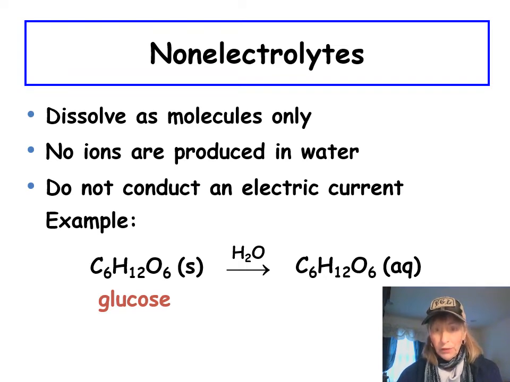We're showing that over here, right? That little AQ means that this glucose molecule that was a solid is now hydrated, surrounded by the polar water molecules. But notice, distinctly different than our sodium chloride, there are absolutely no ions in solution. So no ions, it will not conduct an electrical current. Notice I do not have that light bulb here lighting up.